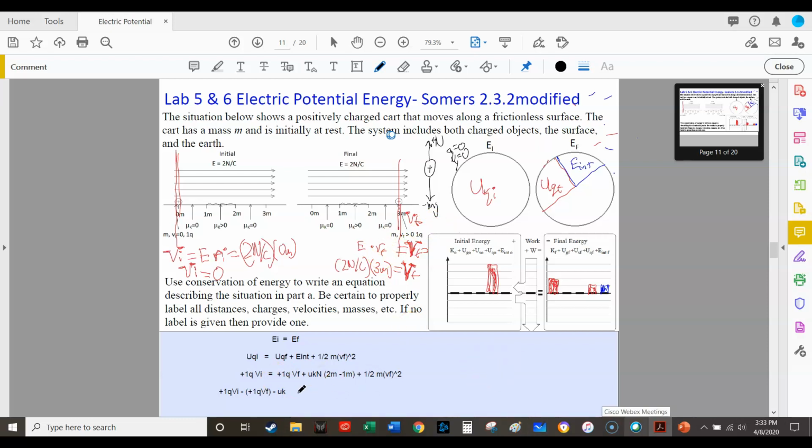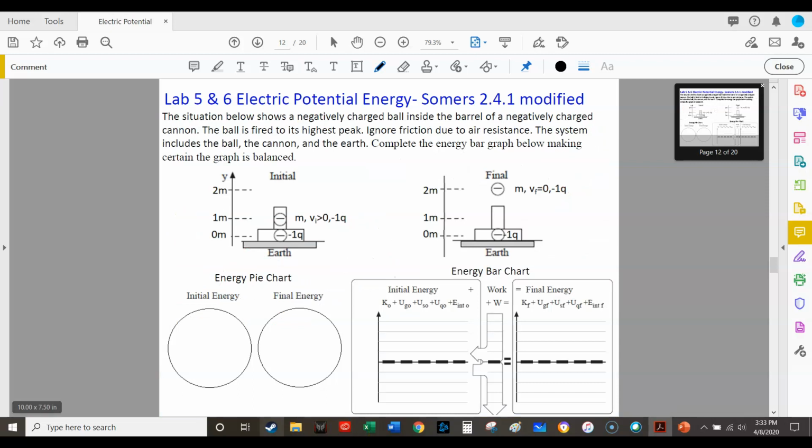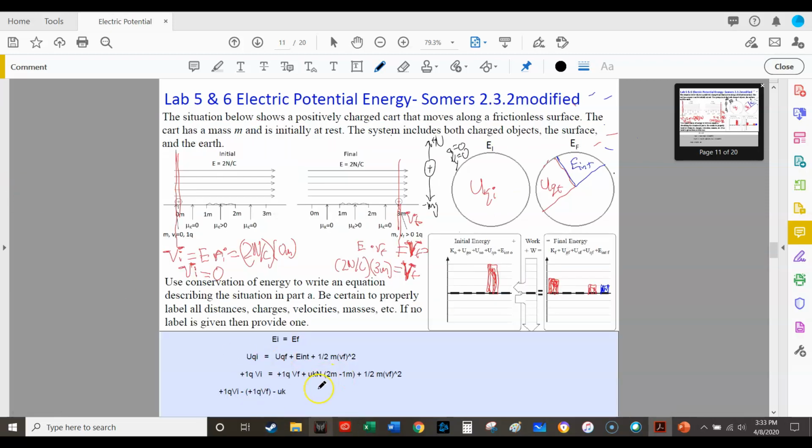Okay. So then what we could do is just call that normal force mg times 2 meters minus 1 meter. And that's going to be equal to our kinetic energy.